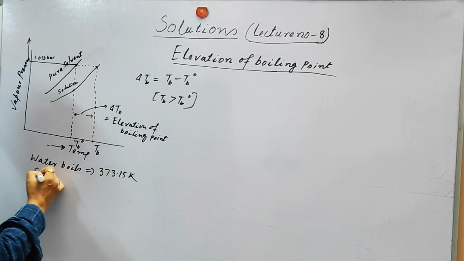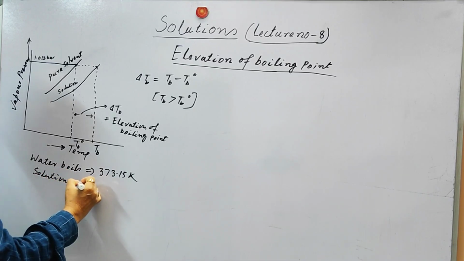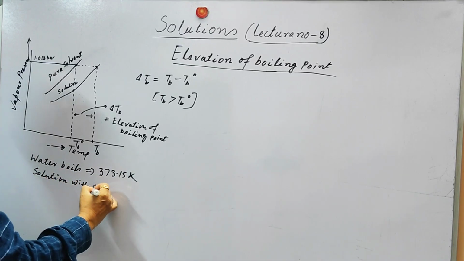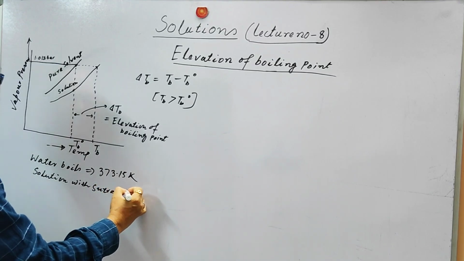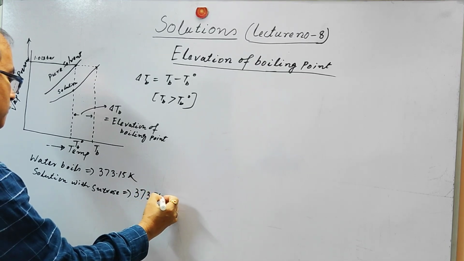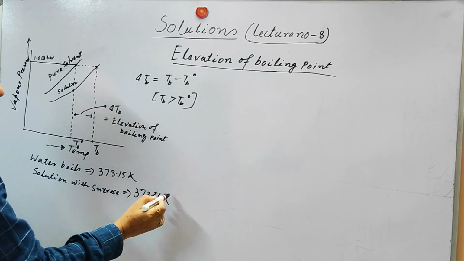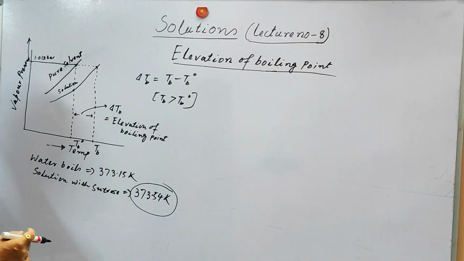What about the solution with sucrose? It boils at 373.54 Kelvin. So you can see there is an increment in the boiling point of these solutions.